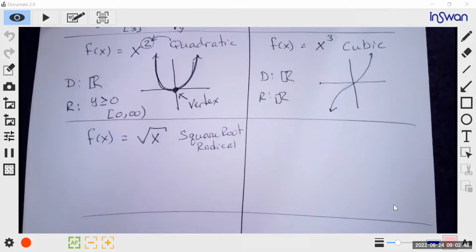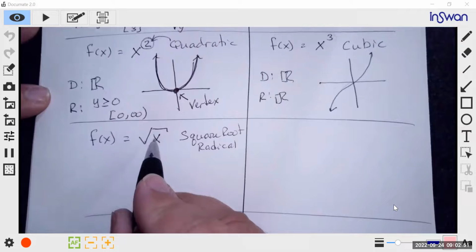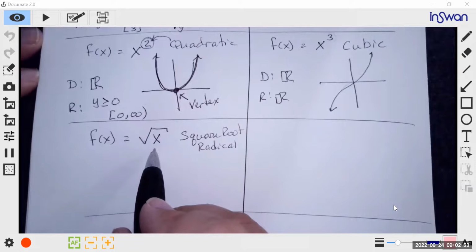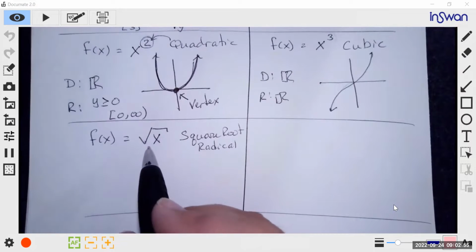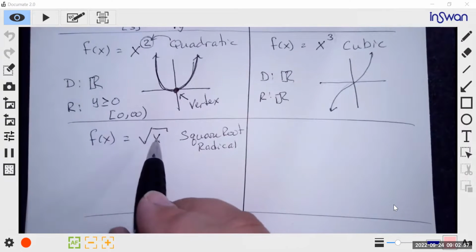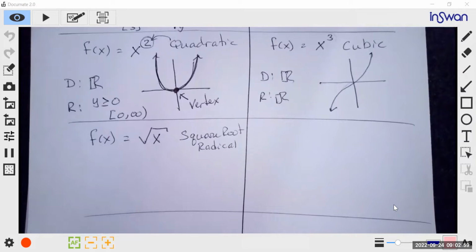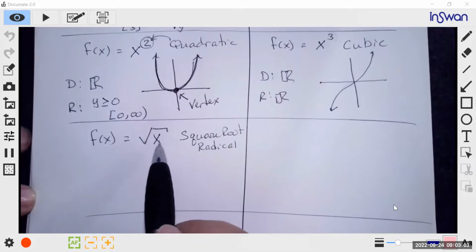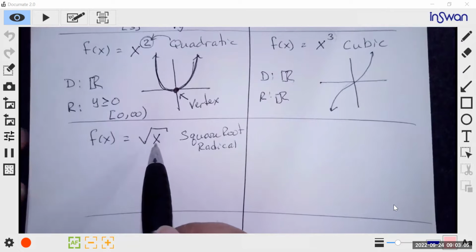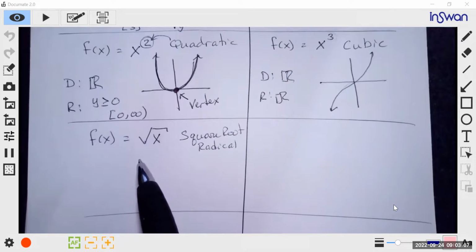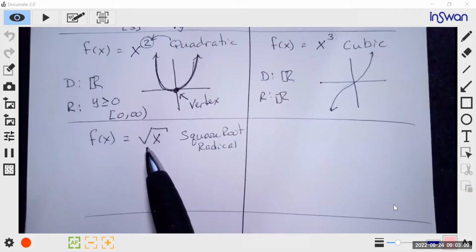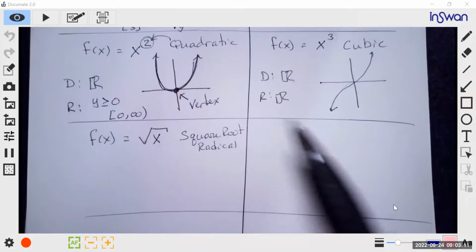What are the rules about square roots? Can you take a square root of a negative number? No, because whatever number's inside there, you have to be able to multiply the same number twice to get that number. Like square root of 4 is 2 because 2 times 2 is 4. Square root of 16 is 4 because 4 times 4 is 16.